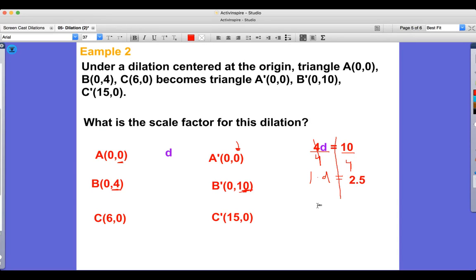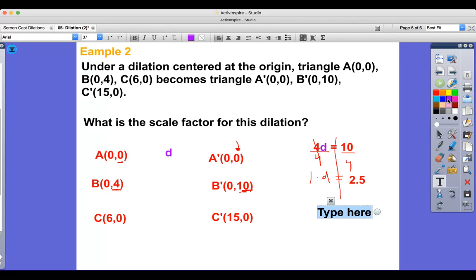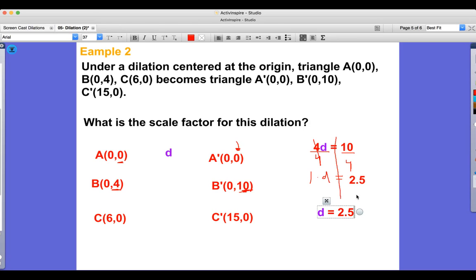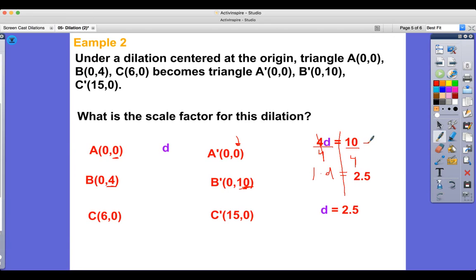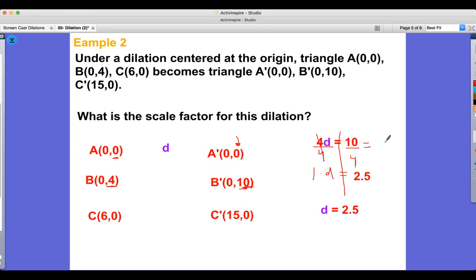So we get that the dilation D equals 2.5. Something I encourage you to do is to reduce the ratio just for extra practice. Here 10 over 4 is the same thing as 5/2. So that's how you would find the dilation or the scaling factor for these kinds of problems.